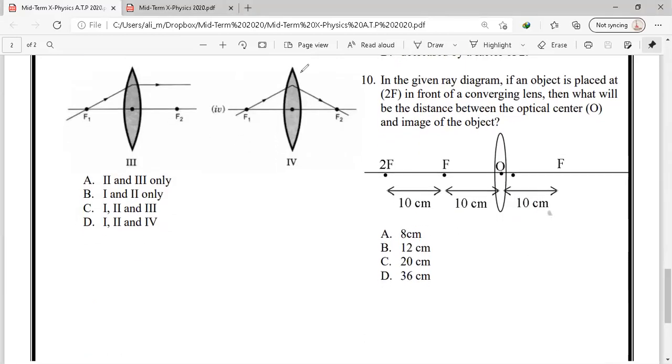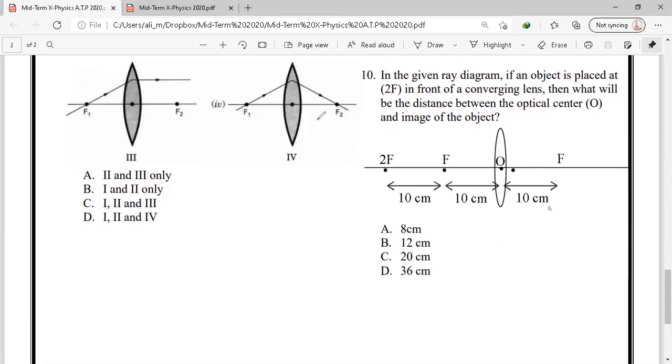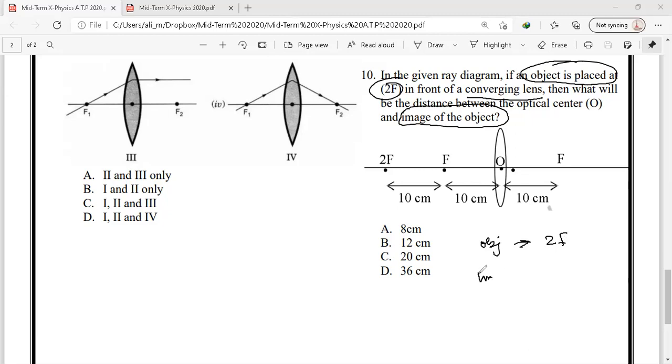Let's move to another question, question number 10. In the given diagram, an object is placed at 2f. This is the position of the object in front of a converging lens. What will be the distance between the optical center and the image of the object? We have to find the distance of the image. As we know, when an object is placed at 2f, its image is also formed at 2f and its magnification is 1.